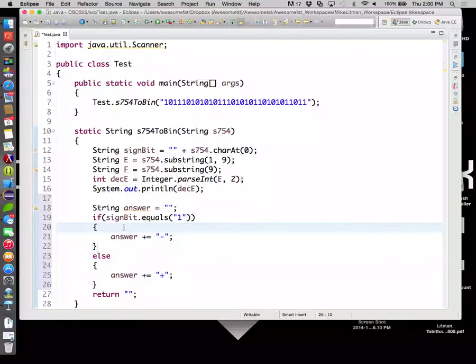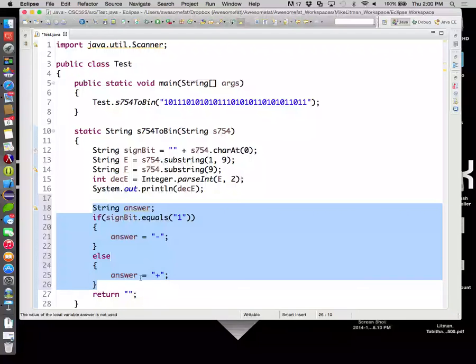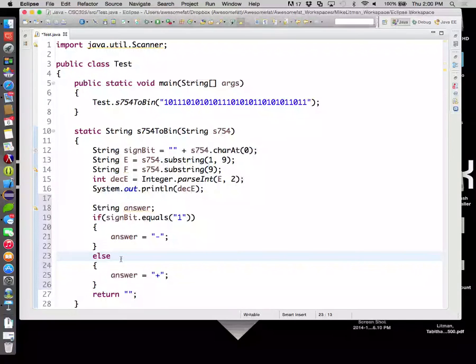This is the same thing as saying string answer equals this or answer equals this. Just start it off the right way. We'll initialize it with the right sign. And we know at the end we're ultimately going to return answer, so we'll go ahead and put that in.